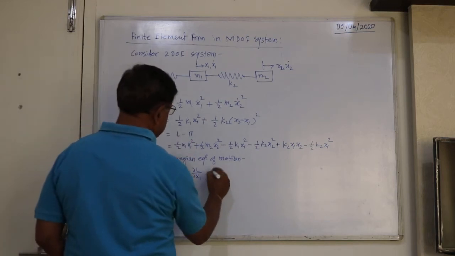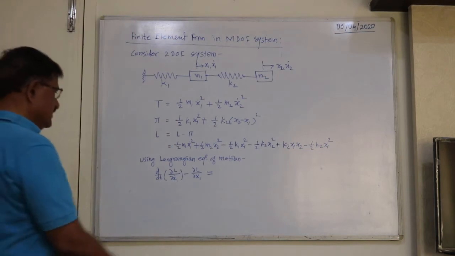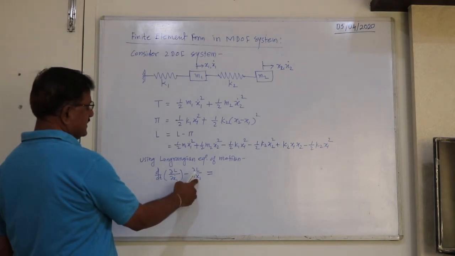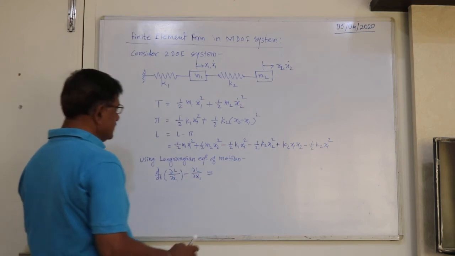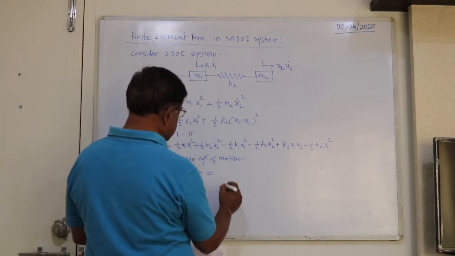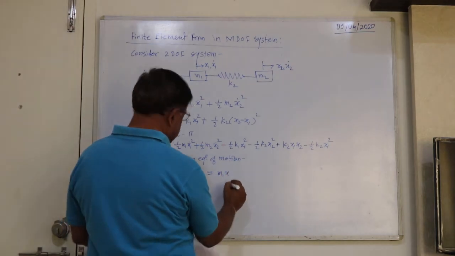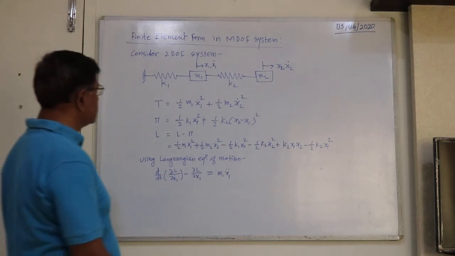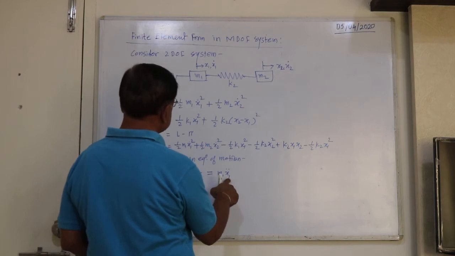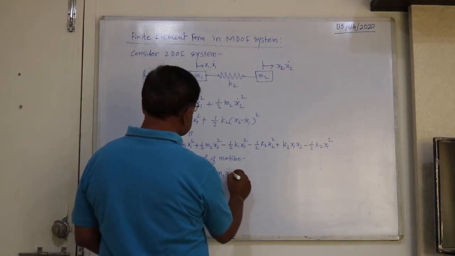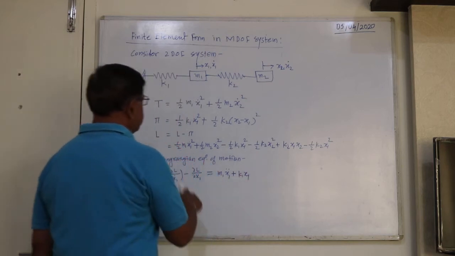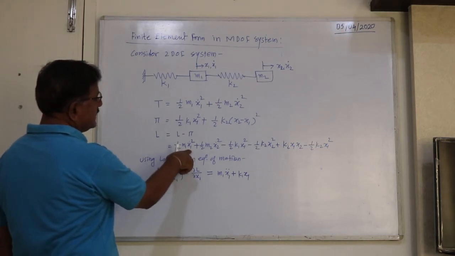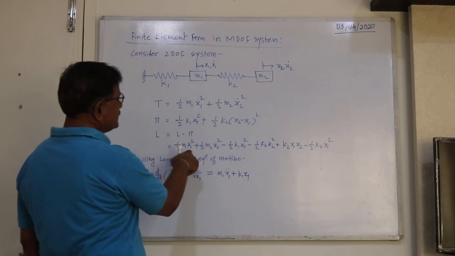If we work this out, differentiating the above with respect to x1 dot, and then with respect to x1, what we get for the first equation is m1 x1 double dot, because of the d by dt.